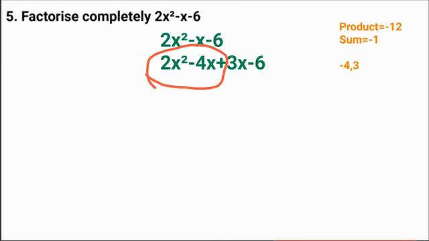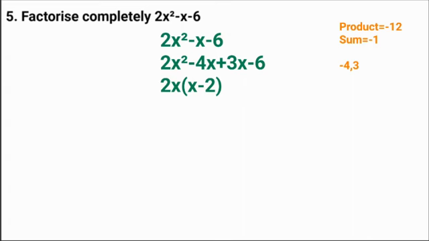We're going to find the number that can go into 2x squared and 4x. The number that can go into both is 2x. So we're going to say 2x. Then 2x squared divided by 2x will give us x. Then negative 4x divided by 2x will give us negative 2.